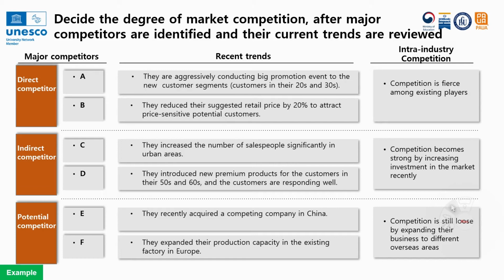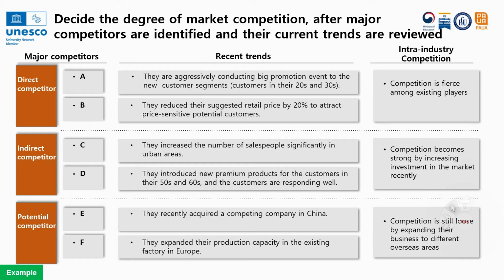So we have to consider those trends of company C. If we want to put more resources in urban areas, inevitably we have to compete with the indirect competitor, company C. So we have to consider those factors in developing our business strategies.